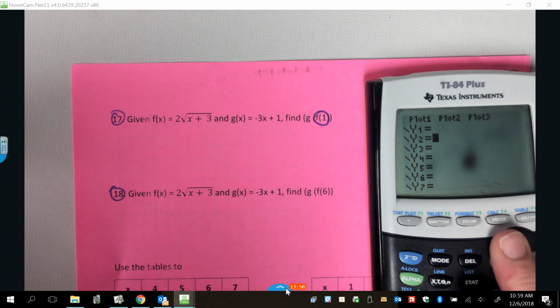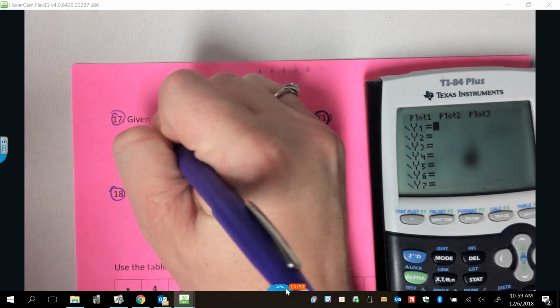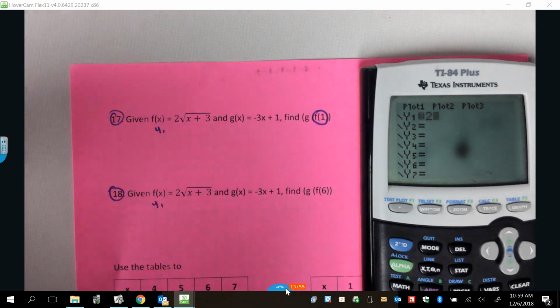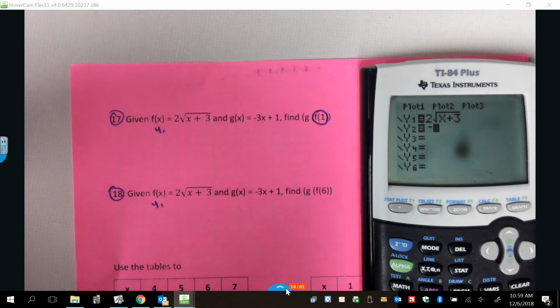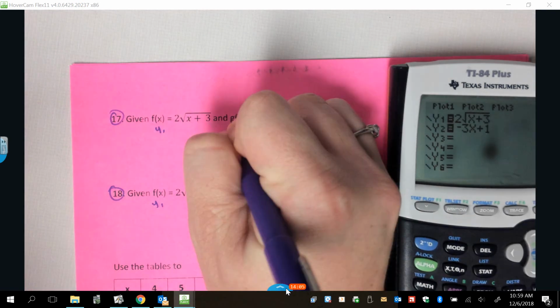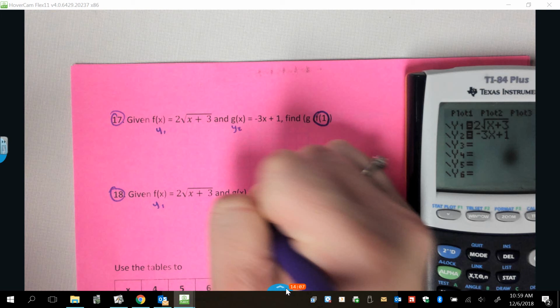So we're going to put f of x in y1, 2 square root x plus 3, and in y2 we're going to do negative 3x plus 1. Always double check your equations, because if you type them wrong, you will find the wrong answer.